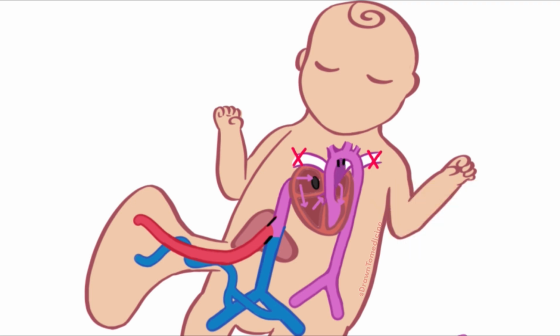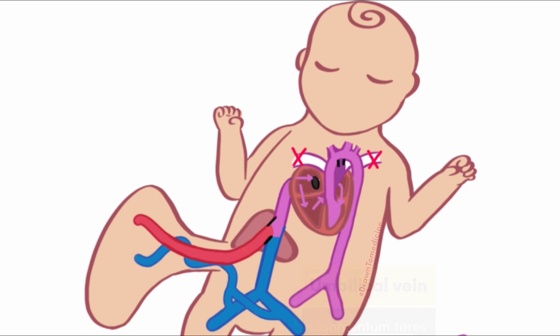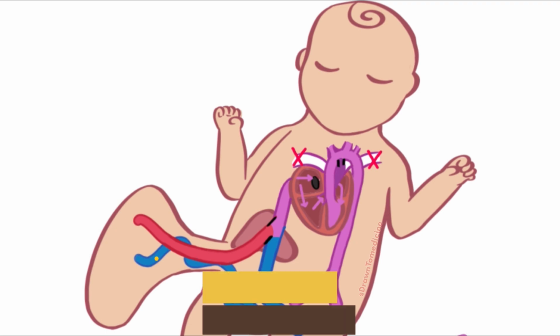So those are the shunts, and as you can imagine, we also do not require the umbilical arteries or the umbilical veins because, well, we are no longer attached to a placenta. So the umbilical vein becomes ligamentum teres, and the umbilical arteries will become medial umbilical ligaments.